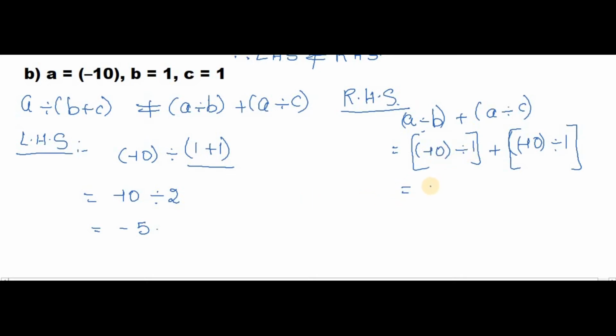So -10 divided by 1 is nothing but -10, because if you do division with 1, we get the same number, and here also we get -10, and both have the same symbols, so we can go for addition. 10 plus 10 is 20, and -5 is not equal to -20. So that means whatever he said in the question is correct.